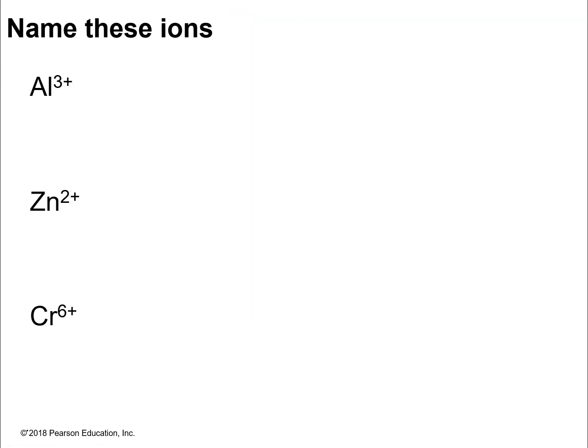Let's practice naming. So if you want, you can pause this and try to name these cations. Otherwise, you can just follow along and look at the logic for how I do it. When I see an ion, I first figure out, is it a metal or a non-metal? Aluminum is a metal. Then I figure out where it is.